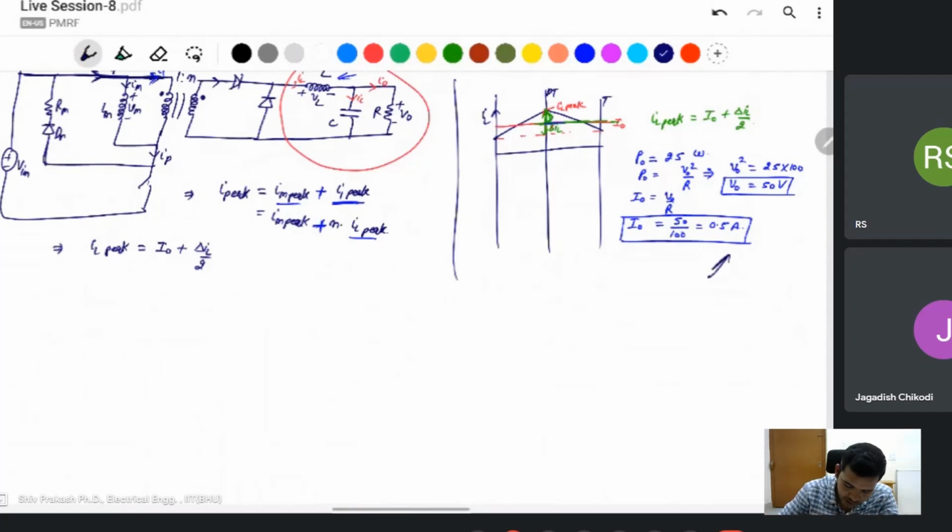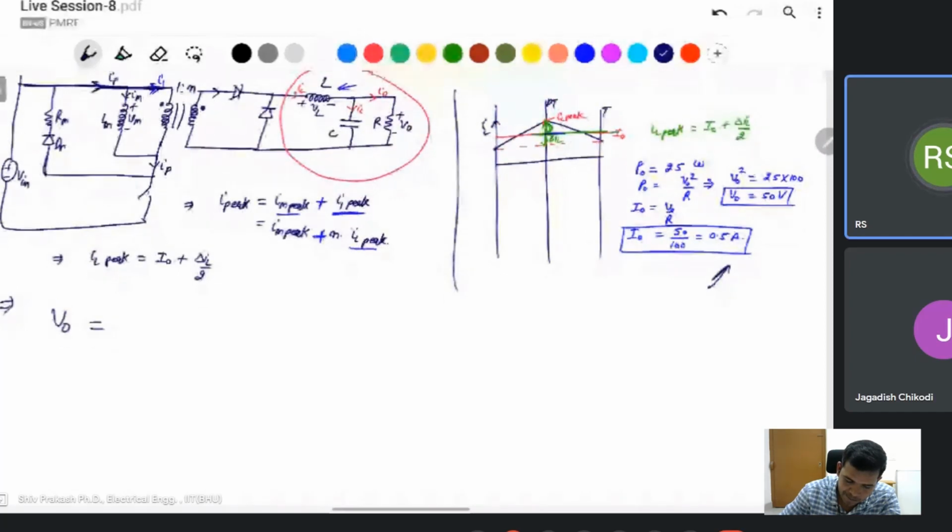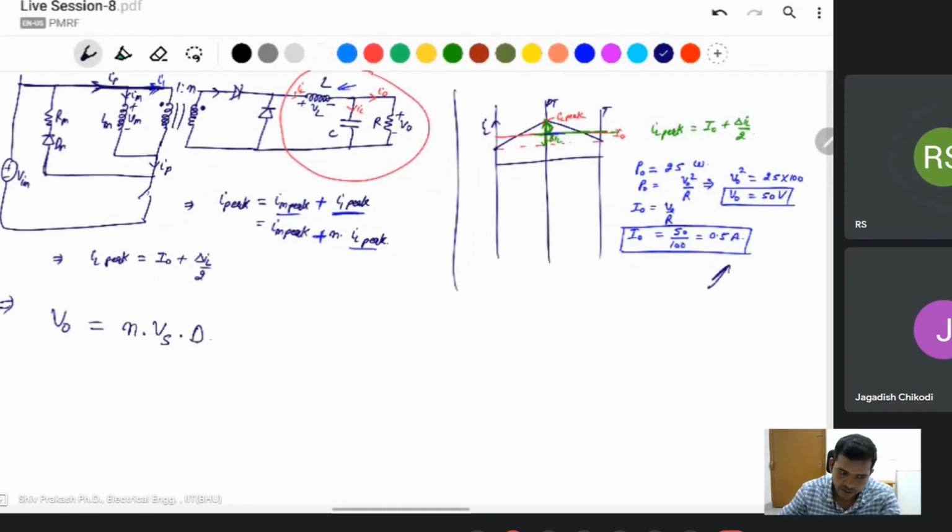I calculate I naught here. V output in the forward converter is N into D into Vi, that is N into Vs into D, where Vs is V in.